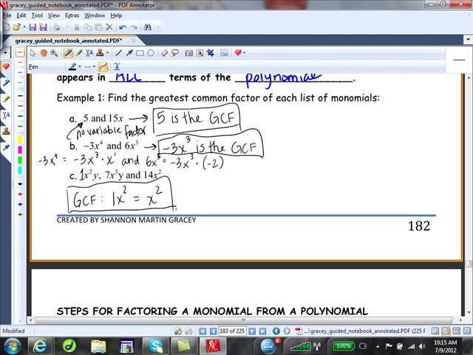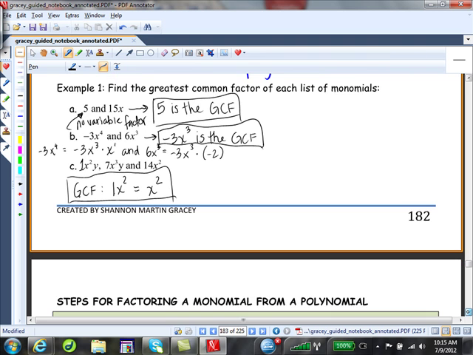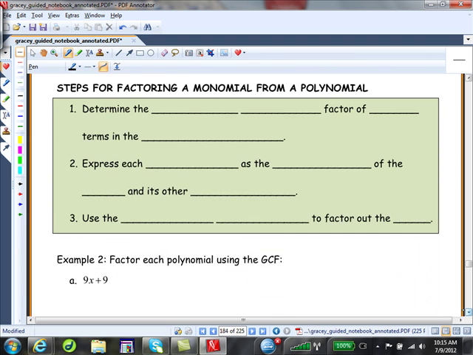Alrighty, so here we go. Here are some steps for factoring a monomial from a polynomial. Determine the greatest common factor of all terms in the polynomial.